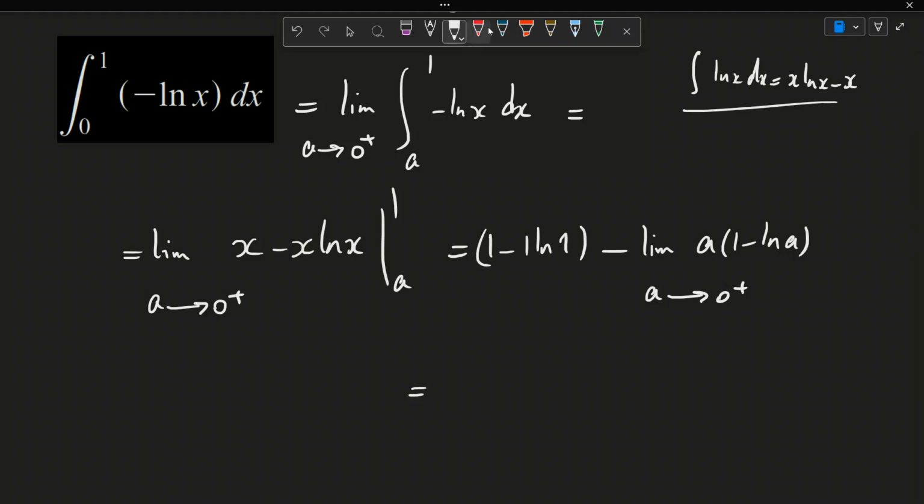Here this ln 1 is 0, so we have just 1 here minus the limit. So we can write this 1 minus ln a in the numerator and take that a to the denominator and write 1 over a when a approaches 0 from the positive side. Now it is infinity over infinity. We can use L'Hospital's rule.